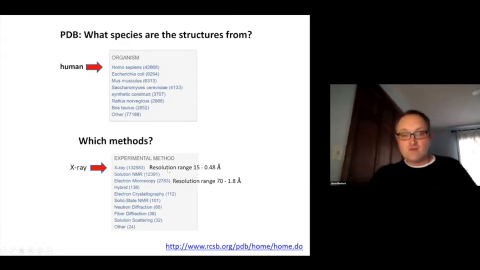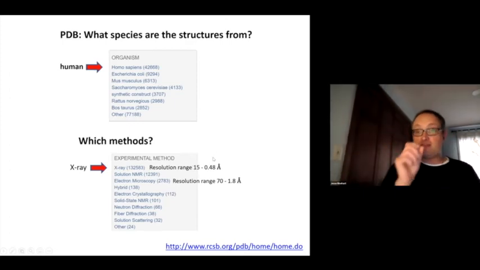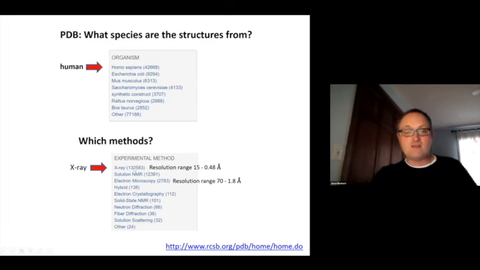And those resolutions range from 15 angstroms down to 0.4, right? And I would say the majority are somewhere in between that, right? So they're not all sub 1.5 angstrom structures. Most of them are greater than that. So that's something to keep in mind, that even though there's hundreds of thousands of structures, the resolution is not the same, okay?